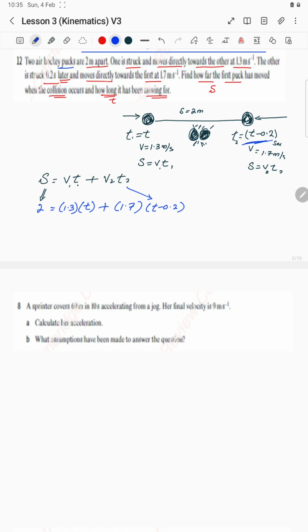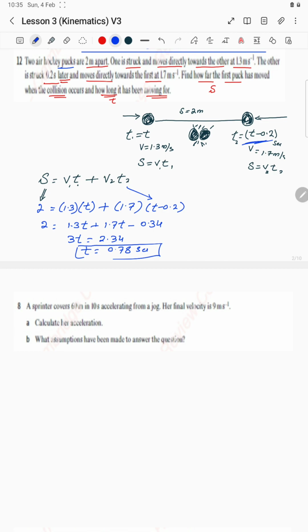Now do the simple algebraic calculations here. 2 is equal to 1.3t plus 1.7t minus 0.34. So bring everything here, we get 3t comes to be 2.34. So t will be, after dividing, 0.78 seconds.